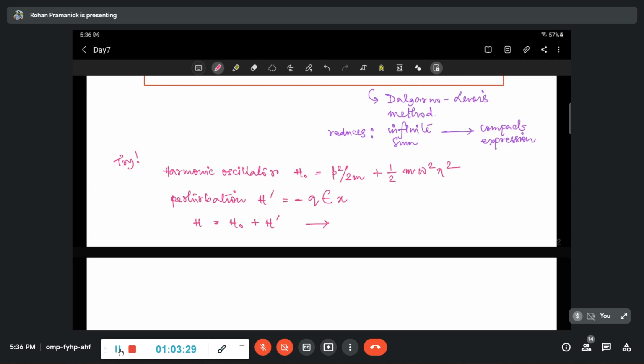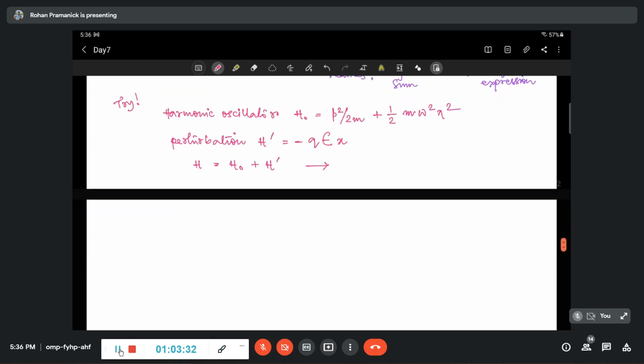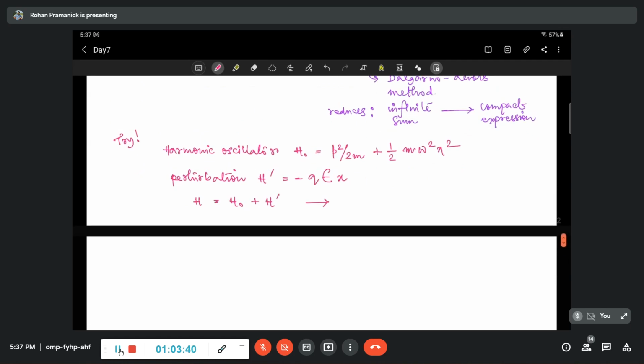So what is this constant part? Any of you can take common and say what is this extra part?